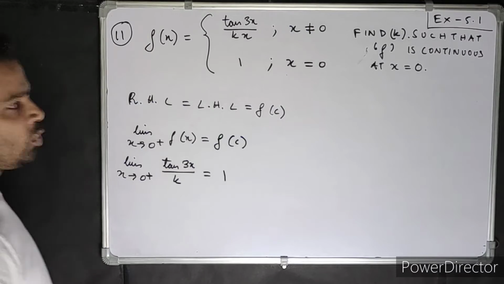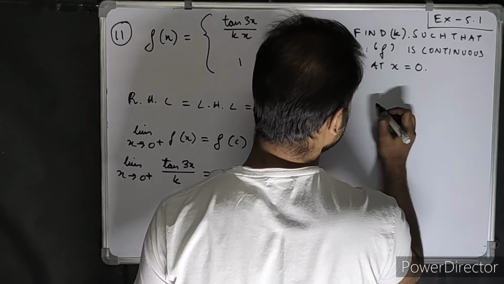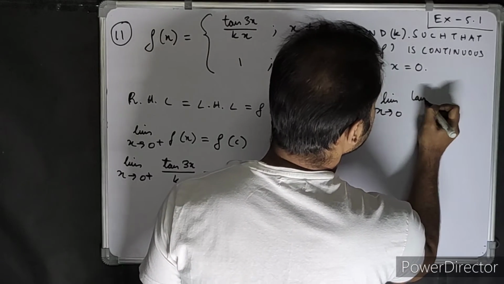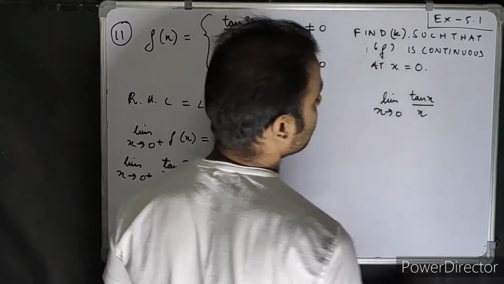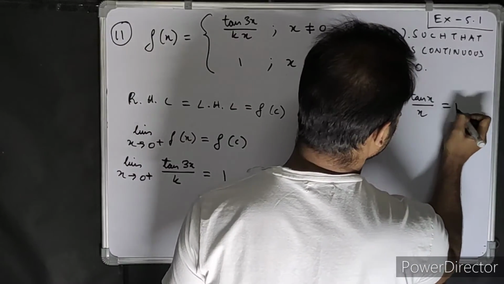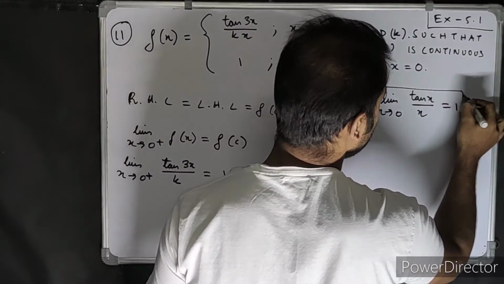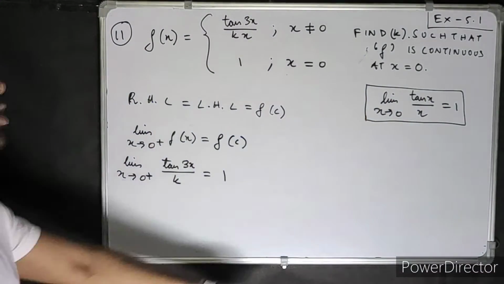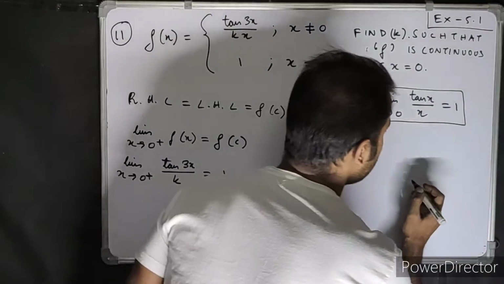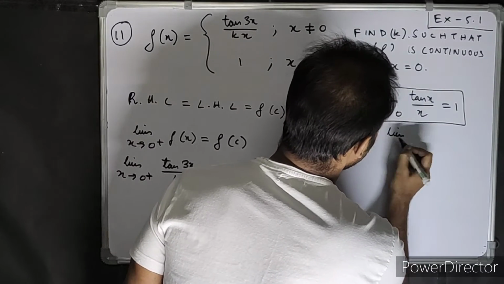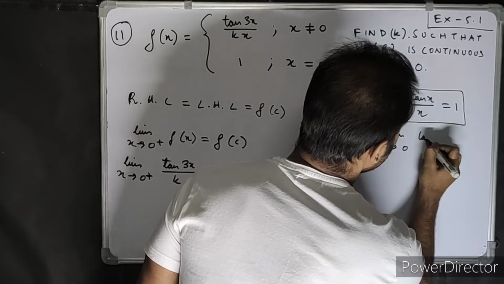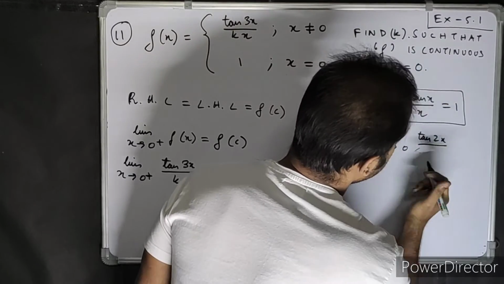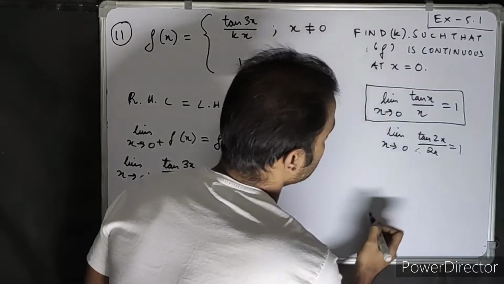Alright, now those of you in class 11 have all studied limit of x tends to 0, tan x by x is equal to what? Everybody knows, equal to 1. You all have studied this formula, right? Limit of x tends to 0, tan x by x is equal to 1. So that means limit of x tends to 0, tan 2x by 2x is equal to 1.